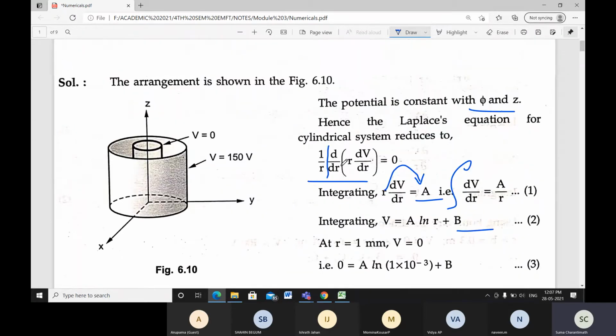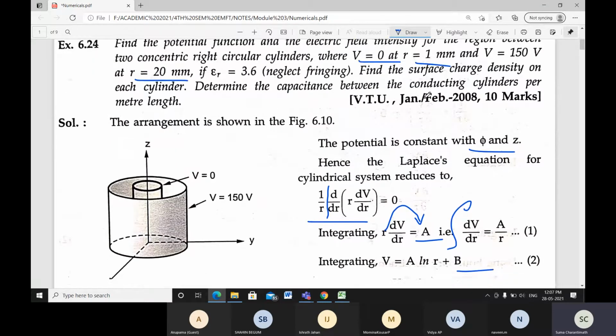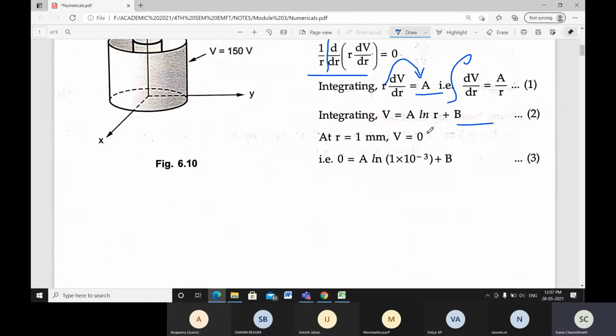What is the condition? V is equal to 0 at r equal to 1 millimeter. Substituting in the given equation, 0 equals a ln of 1 into 10 to the minus 3 plus b.